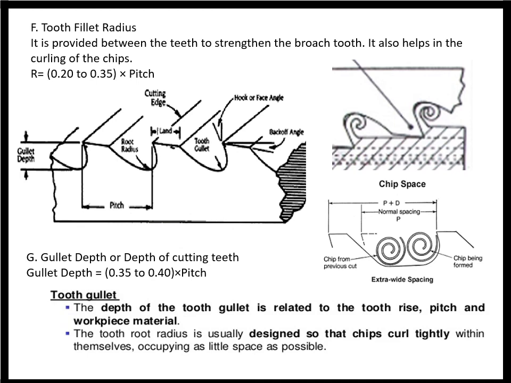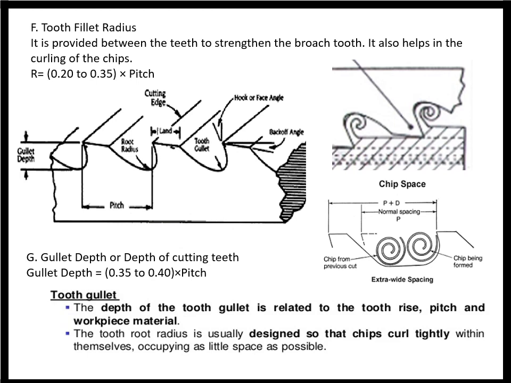Moreover, the hook angle or the rake angle, which is also called the shear angle, should be around 5 to 20 degrees, which gives the direction of the chip travel. Now the fillet radius R is 0.2 to 0.35 of the pitch.